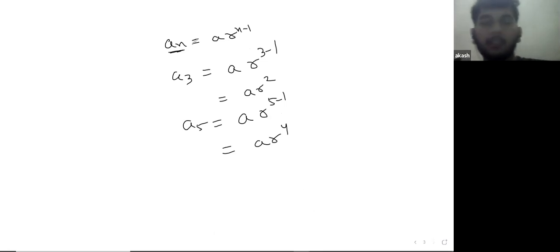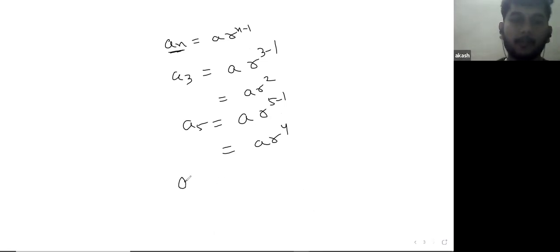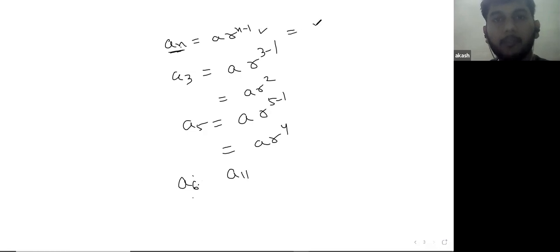If I ask you to find the sixth term, then you will write A6. If I ask you to find the 11th term, you will write A11. So when I write A6, that means the value of n is 6. So I'll replace the value of n here also. So this will become A R raised to 6 minus 1, that is A R raised to the power 5. All right, are we clear on this?